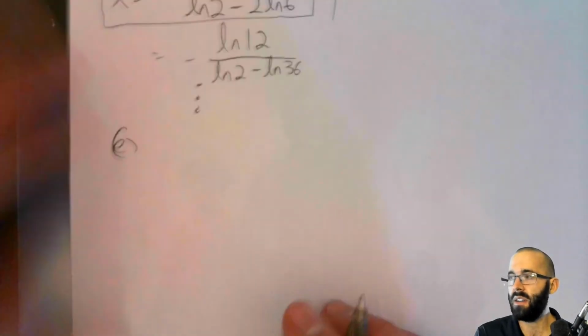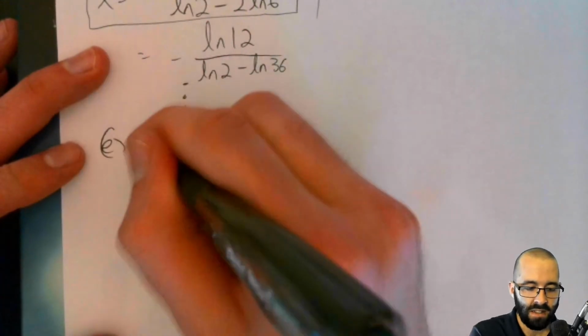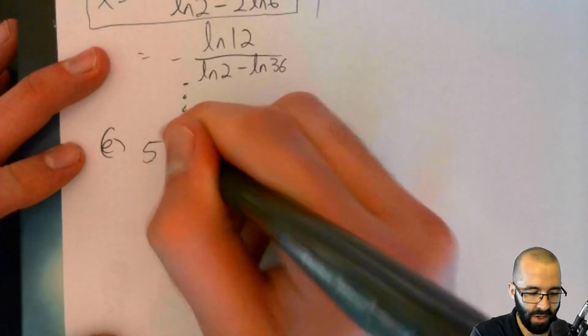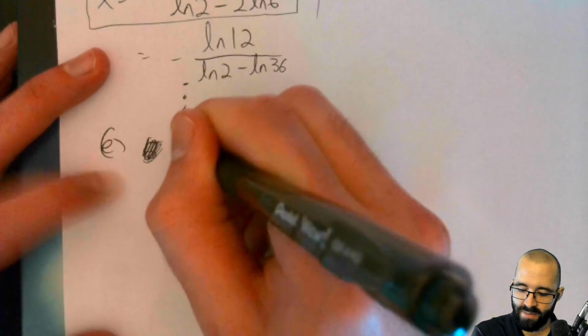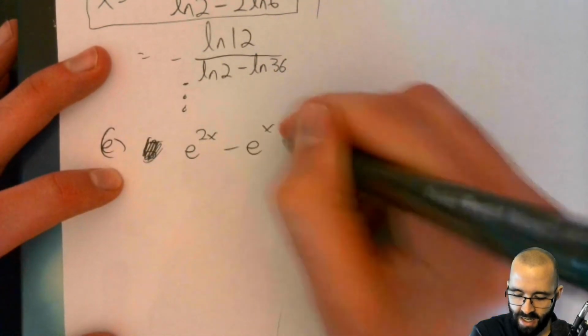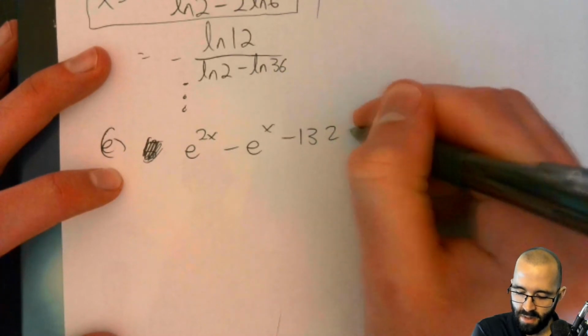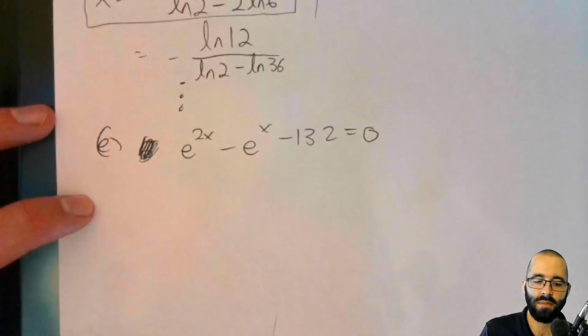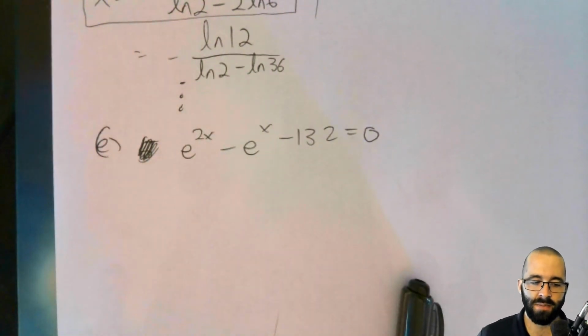So let's look at part E. All right, part E. Can it be 5? No. That's the next example. Part E is going to be e to the 2x minus e to the 1x minus 132 is equal to 0. Now we've got a real problem.